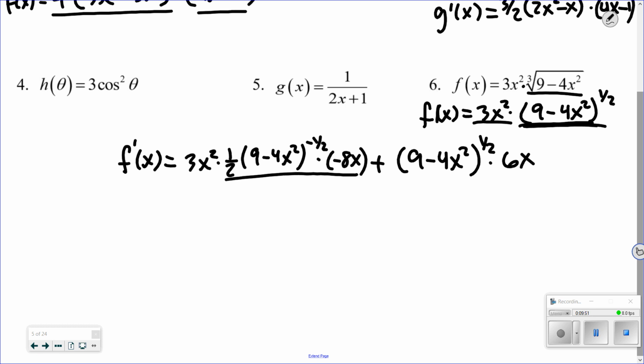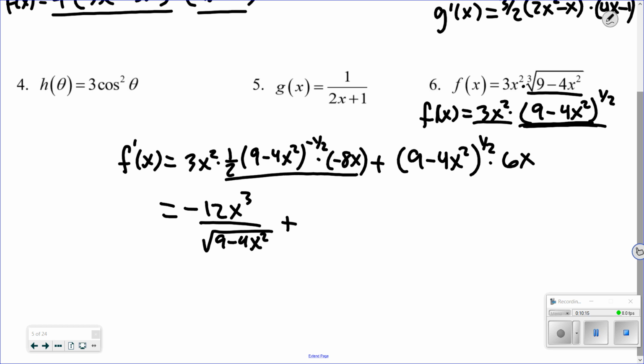We can do a little bit of cleaning up, though. I've got, let's see, 3 times 1/2 times a negative 8. So 1/2 times negative 8 is negative 4 times 3 is a negative 12. 3 times the x squared and the x together also. And I'm going to move that 9 minus 4x squared down to the bottom and make it a square root.